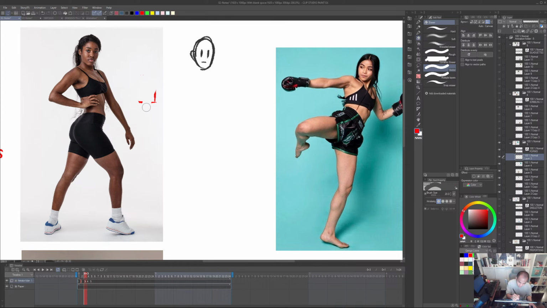For this one, we can obviously see that the body is turning this way, so we know that for sure. We can still start with a simple line of action, going like this or like this. I think this is more of a line of action, so we can actually see it right here.